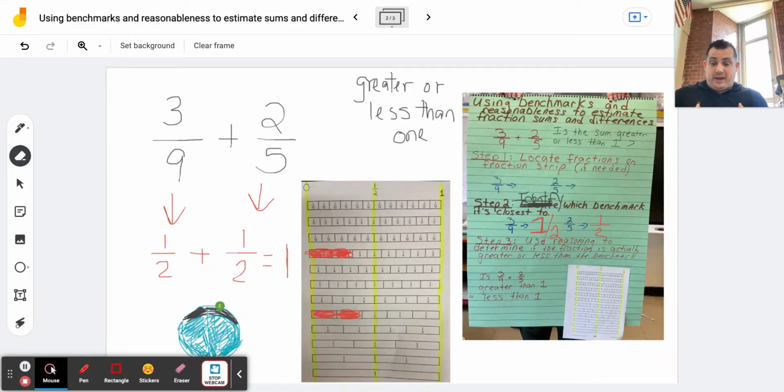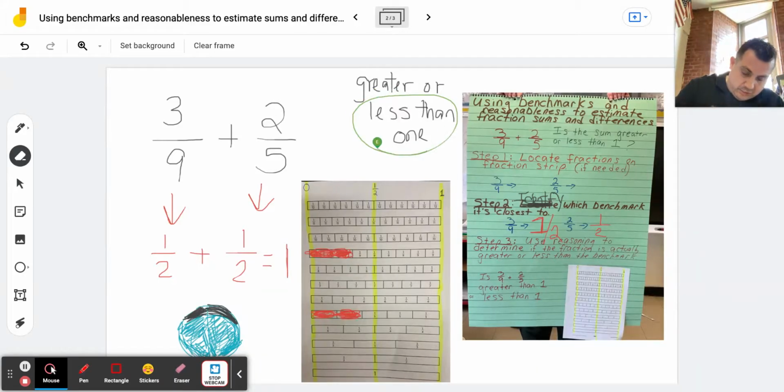So is our answer, 3/9 plus 2/5, greater than or less than one? Less than a whole. Here, you would have to say it's going to be less than 1. Let's use green. Less than 1.